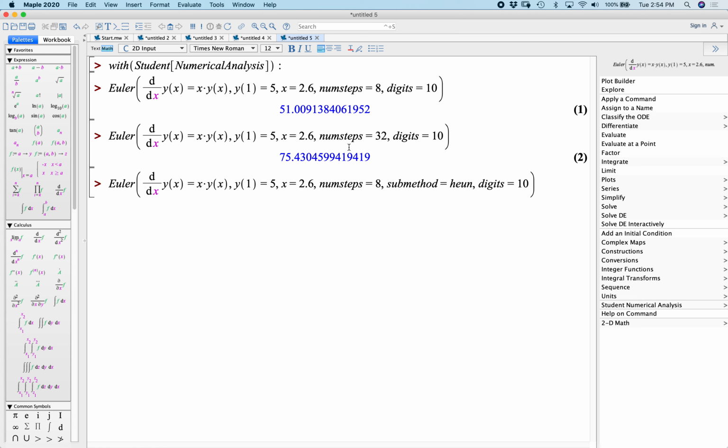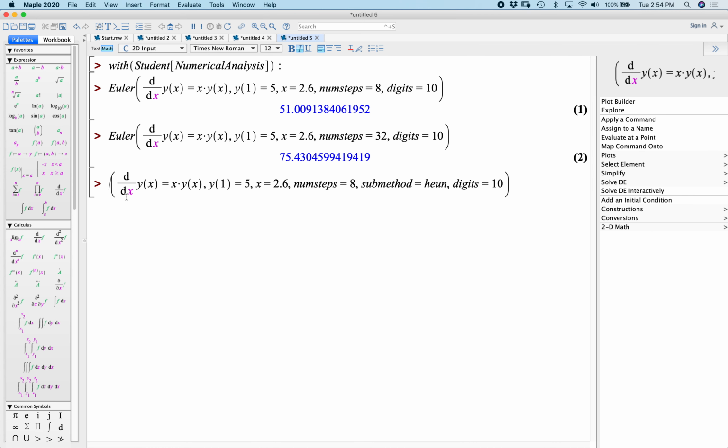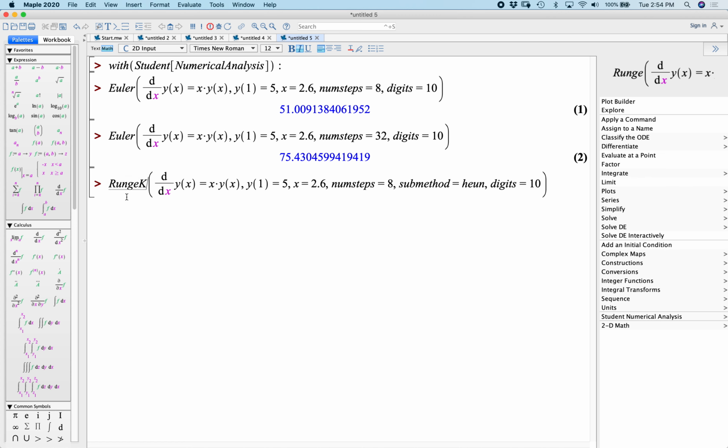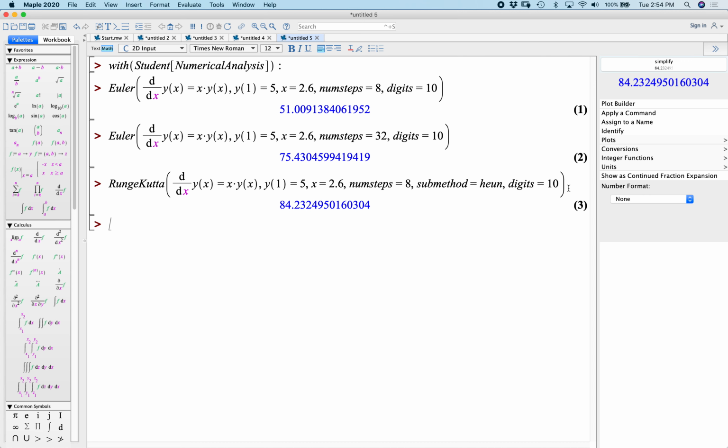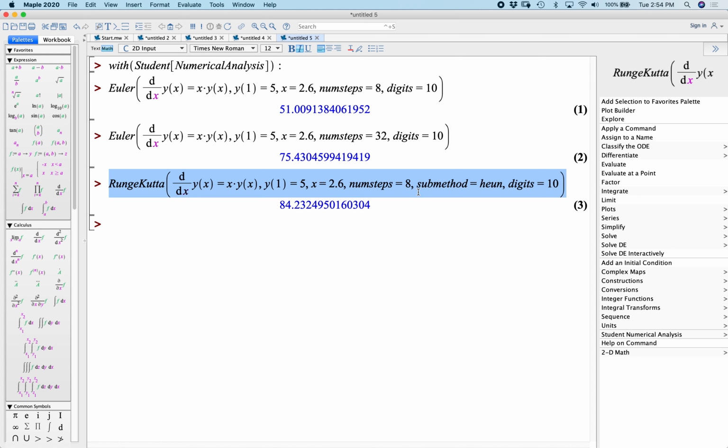Now with the Heun approach, what I'm going to do here is the opening statement, when I have a Runge-Kutta, I have the differential equation, y(1) = 5, and we're trying to find out what y will be when x is 2.6, number of steps at 8. For the improved Euler, you have to add in the submethod equals Heun statement, and we have the number of digits at 10. For the output, we have substantially closer at 84.232, and just look at the magnitude of the error.